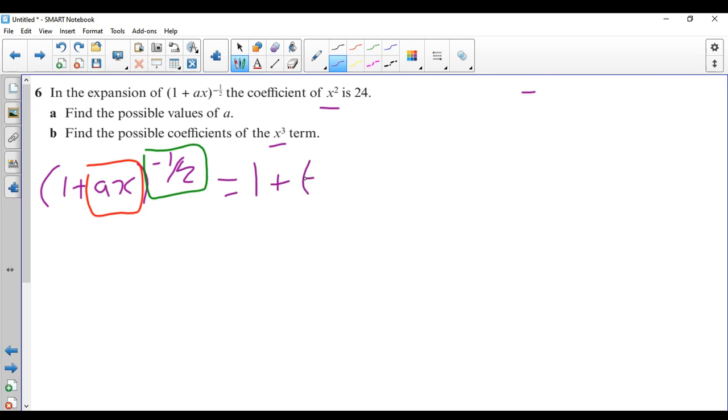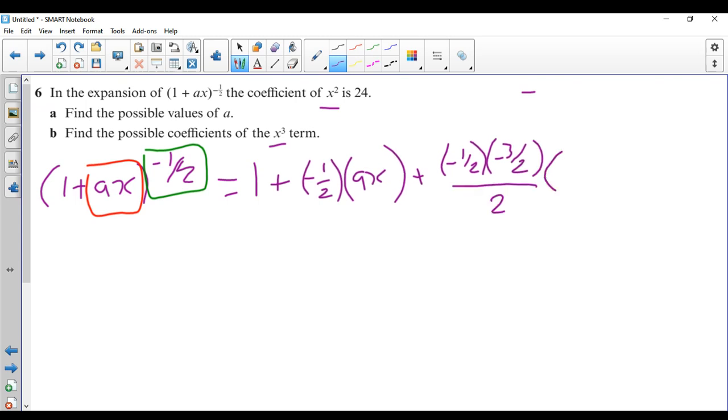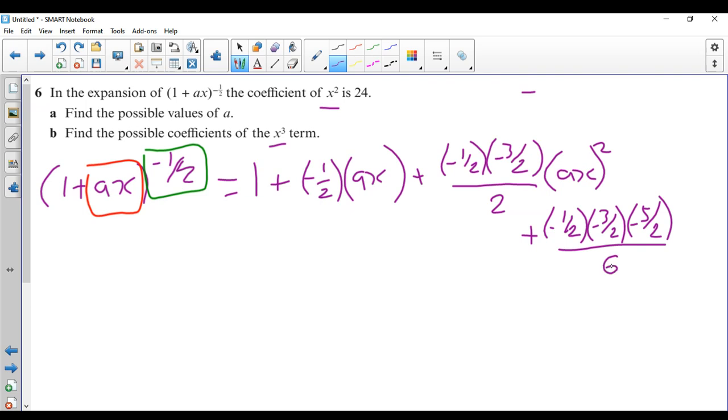So I've got minus a half ax, plus minus a half times n minus 1, that's minus 3 over 2, ax squared, plus minus a half times minus 3 over 2 times minus 5 over 2, so it's my n, n minus 1 and n minus 2, over 3 factorial, so that's 6, ax cubed.